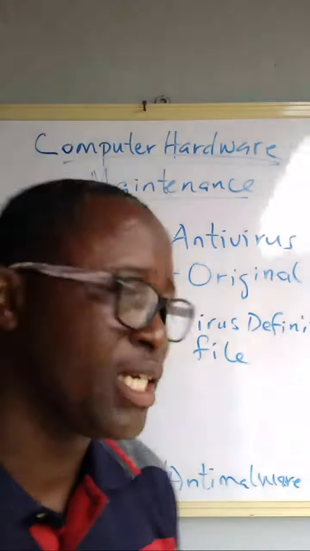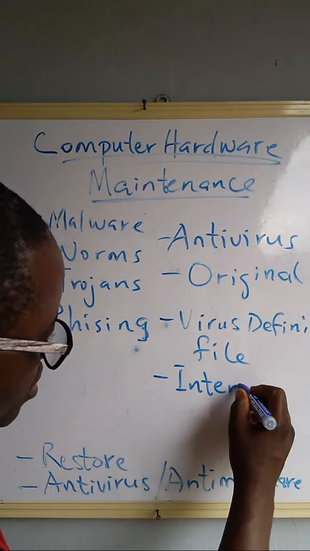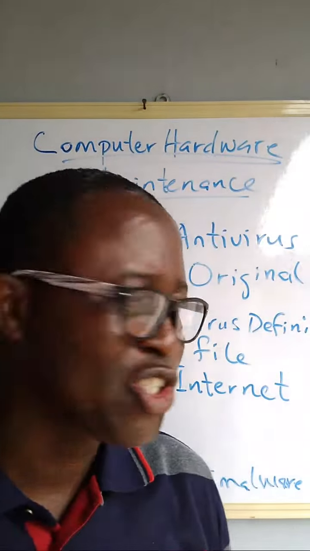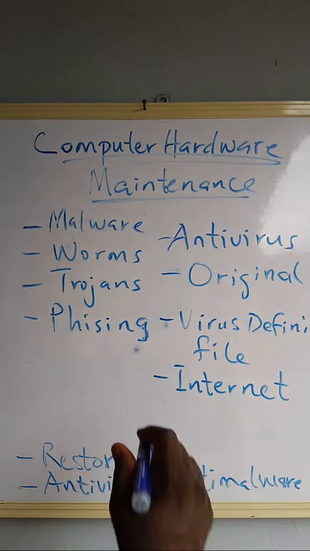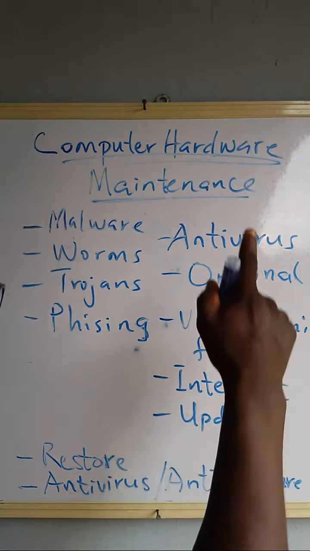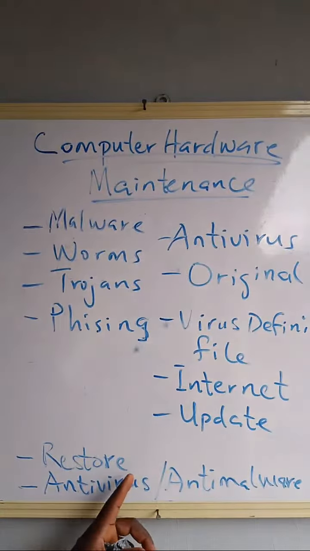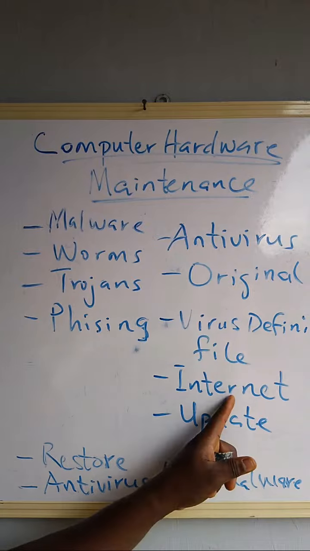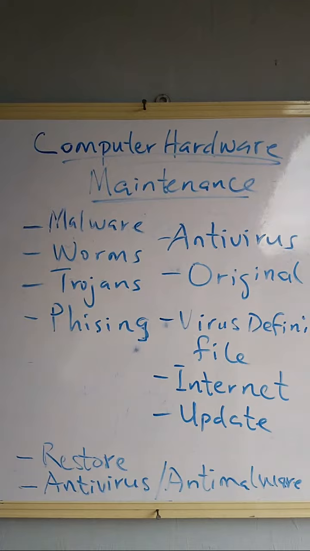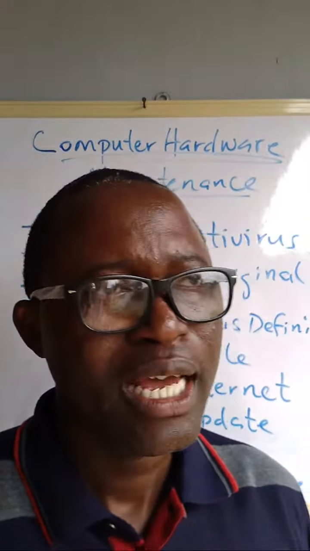And that tells you one thing, that to use antivirus, you need an internet network. Internet must be there because you will update the virus definition files on the website of the supplier. So, to use the antivirus correctly, you must have internet connectivity. So immediately you finish installation, you must update the antivirus.